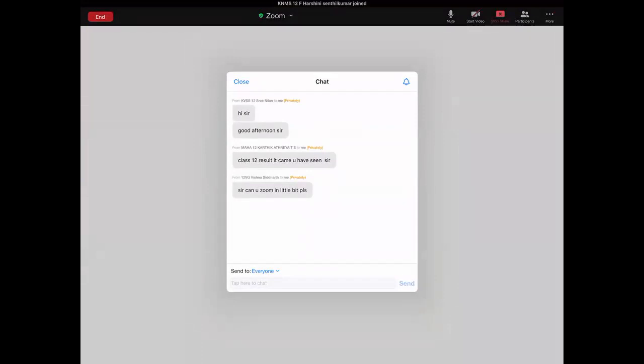Can you zoom in a little please? Class 12 results came. I have not seen, I have just heard. From Madurai you have got 484. Other schools I'm yet to see. Basically I'm having class now. After my class I'll be seeing.